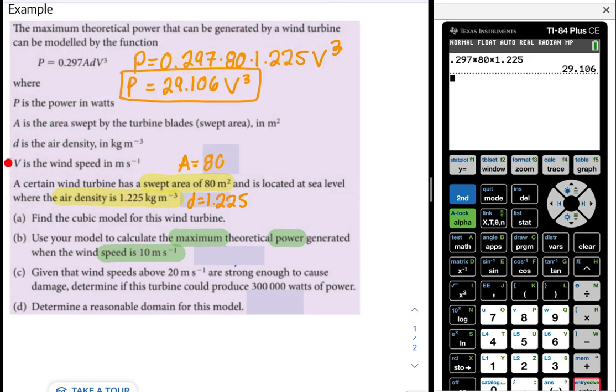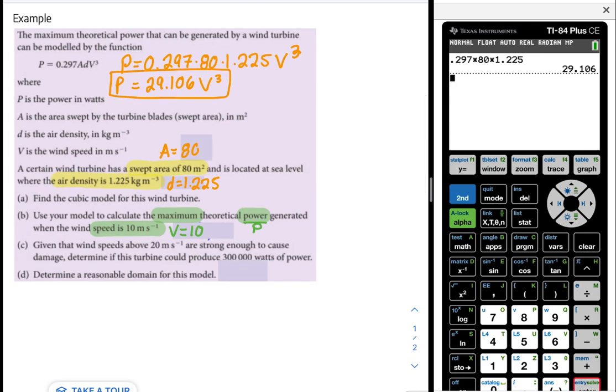Speed is the value of V. So this question is telling us what our V is, and we're looking for power, which is P. So power is equal to 29.106 times our speed, which is 10 cubed. And we get that the power for the 10 meters per second speed is 29,106, and the units for P are watts.